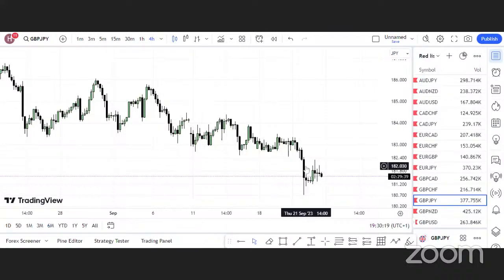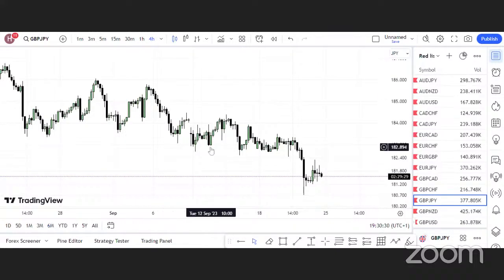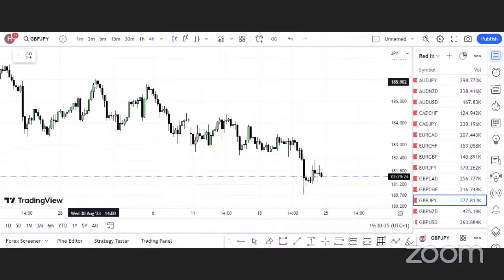Another way you could confirm that your market is actually going down is with what we call highs and lows. So this is the high. This is the current high that I'm currently seeing here right now. Let's use this. This is the high.